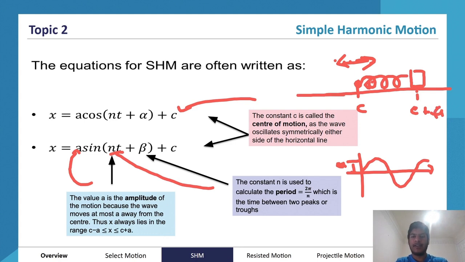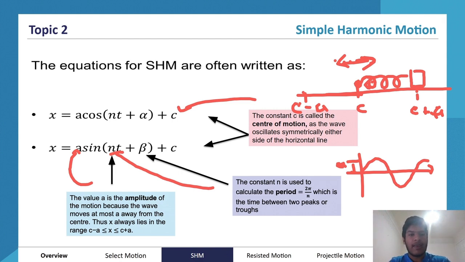That's our maximum in that direction, and the maximum in this direction is going to be c minus a, right? So it's going to be oscillating between c plus a and c minus a always. It's never going to exceed those bounds. That's what the a does, and that's what the c does. c, again, is the center of motion. That's our middle point, and that should be the average between our lowest point and our maximum point.